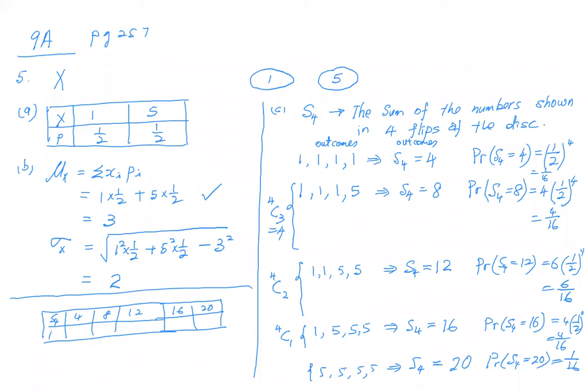So the probability will be 1 over 16, 4 over 16, 6 over 16, 4 over 16, and 1 over 16. So you have to check your probability, add up must be equal to 1. Okay, so you can count the mean and the standard deviation from here. But for this question, I'm not going to do like that.